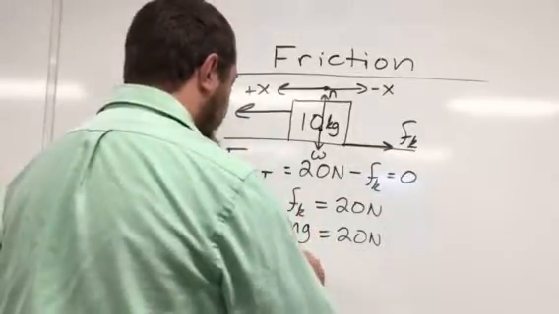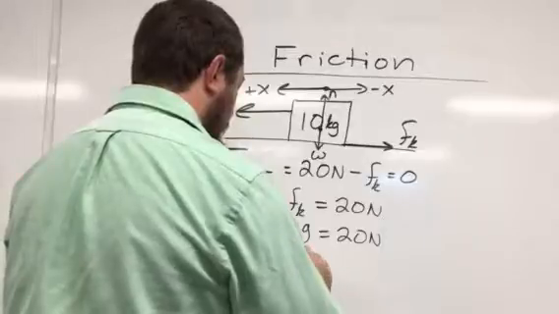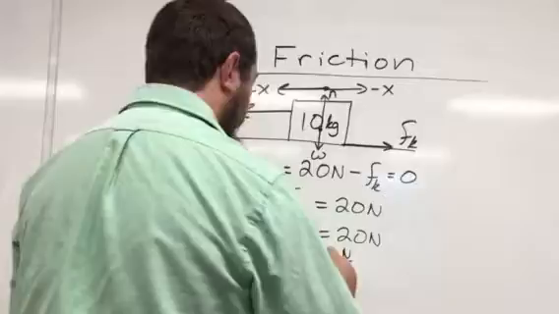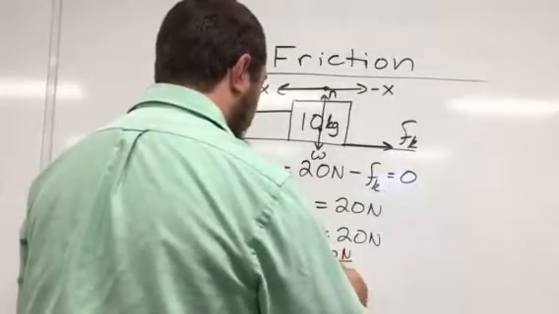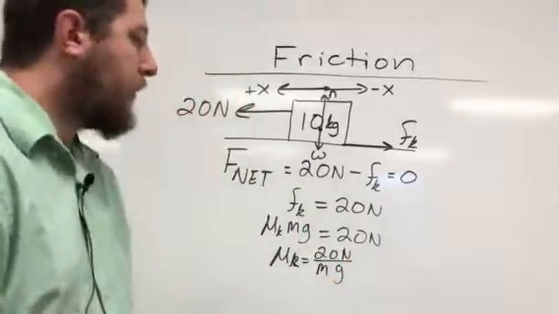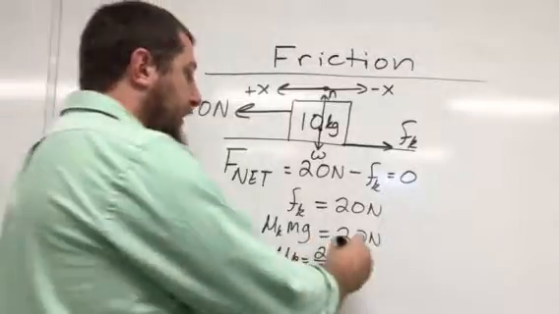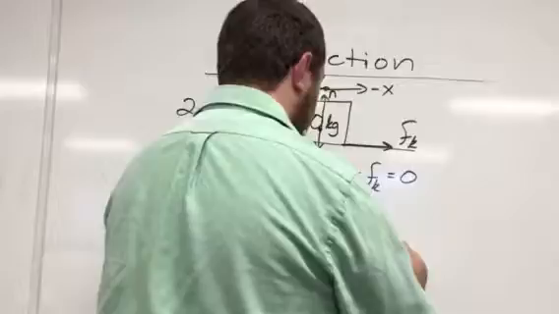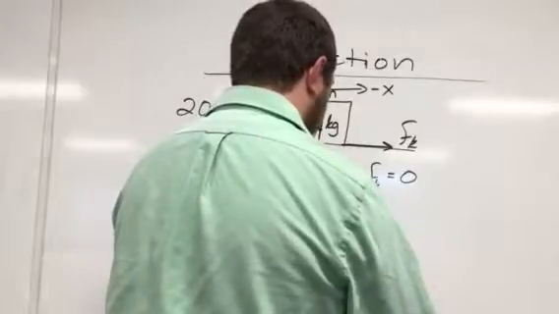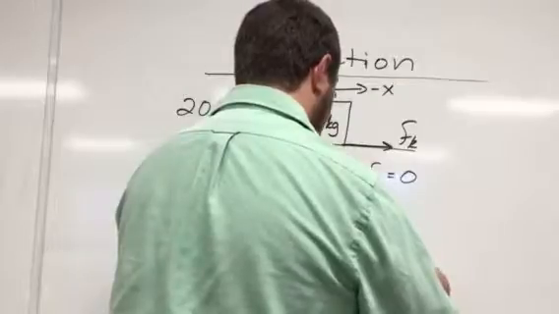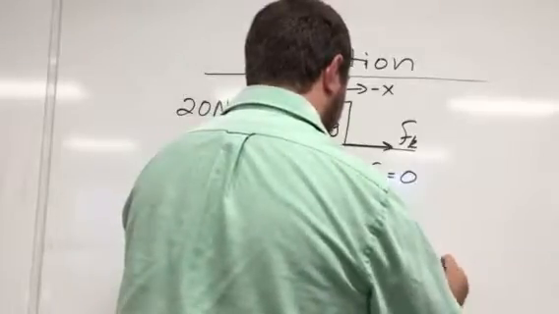So mu sub k is just going to be 20 newtons divided by mg. All right, so now it's just time to plug in numbers. 20 newtons divided by 10 kilograms times 9.8 meters per second squared.